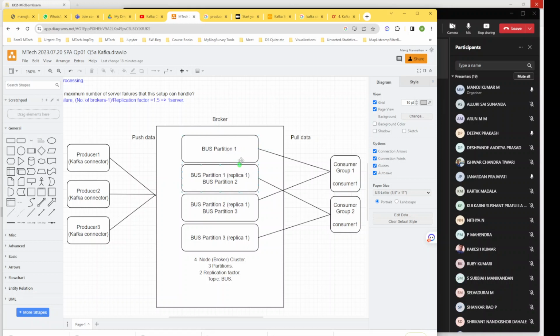We can put it anywhere, but the replica should not be in the same node as the main one. Here I cannot put the partition 1 replica, because if this node goes down, the whole partition is lost, main and backup.